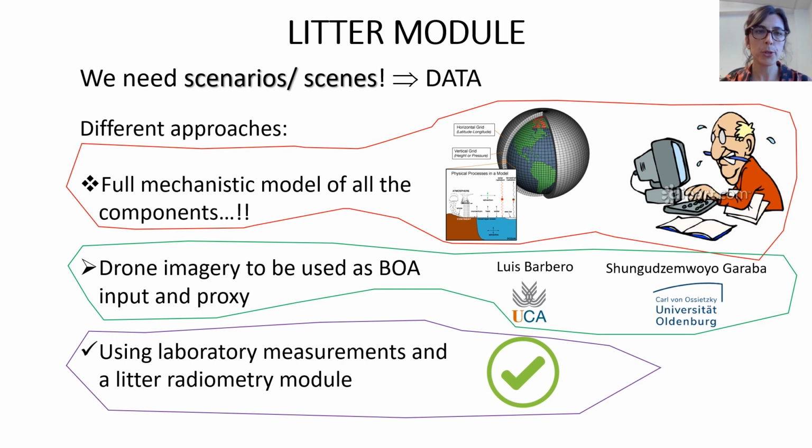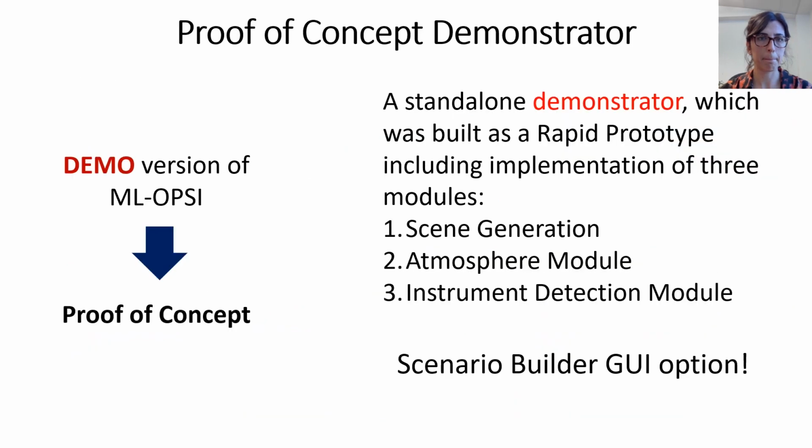The second option was to use drone imagery as BOA input and proxy, supported by Luis Barbero from the University of Cádiz and performed by Sungu Garaba. And the last option, to develop a demo using laboratory measurements and a model for the litter module, which is the one that we present here.